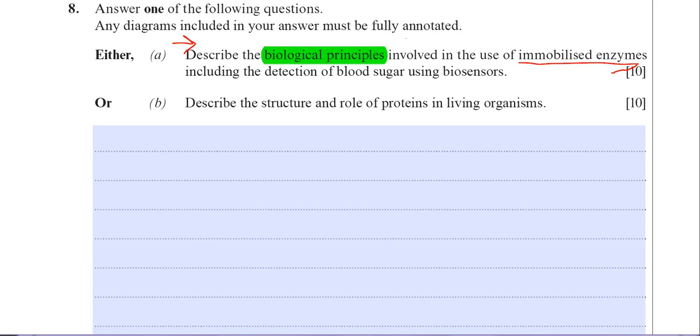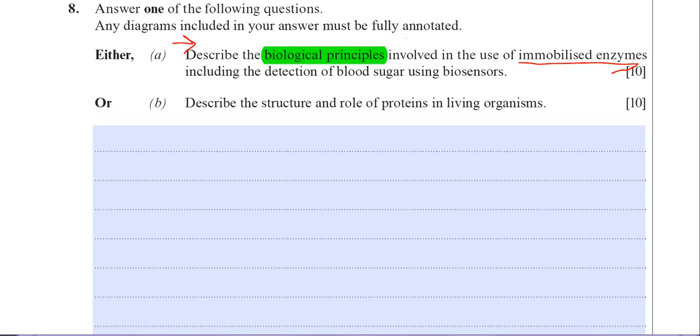But you are also asked to talk about biosensors. Again, you should be able to state why biosensors are important. There are two types of biosensors. There's this clinistick example, which is a qualitative biosensor, if you remember. It's one where you just get a color change.